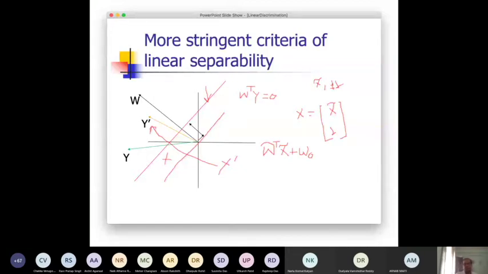To make it a linear operation like W transpose x, we simply augment x with this additional dimension, and then W becomes W tilde with an appended additional dimension W naught. I hope this part was clear to you.